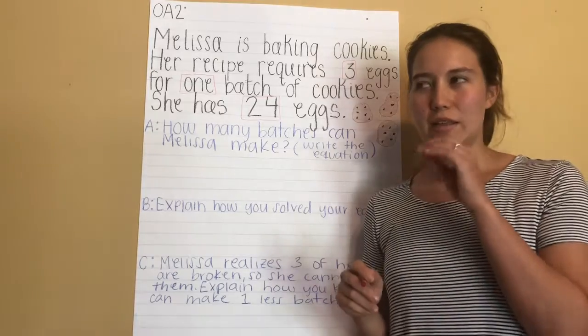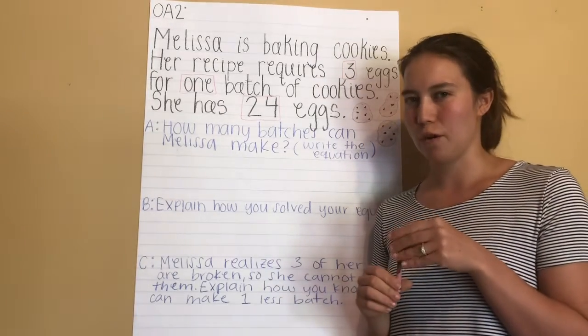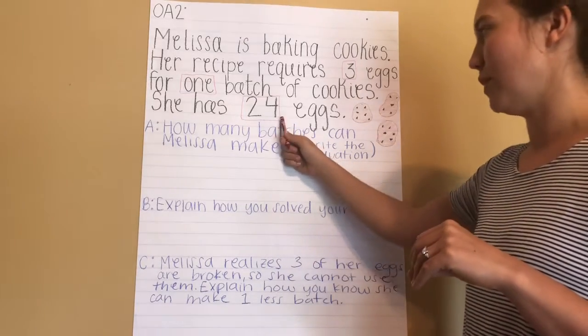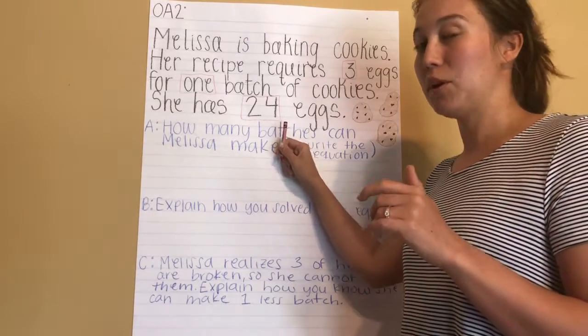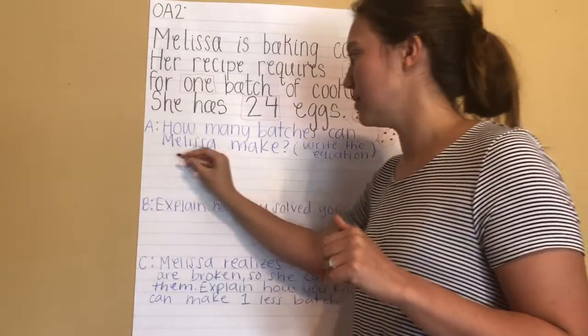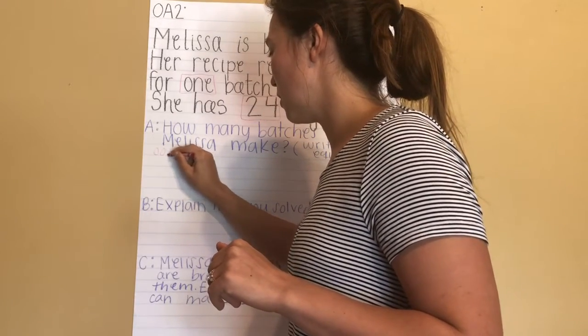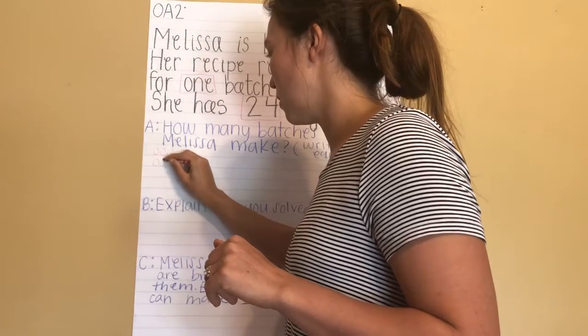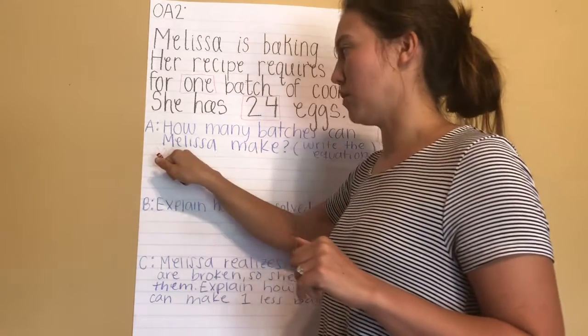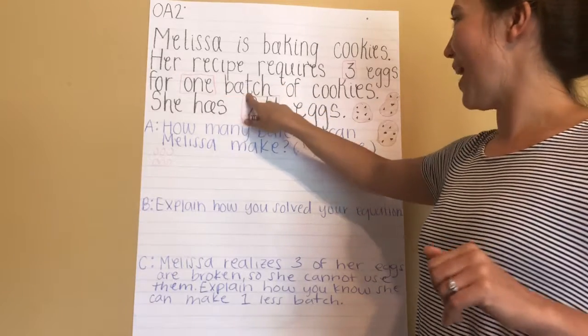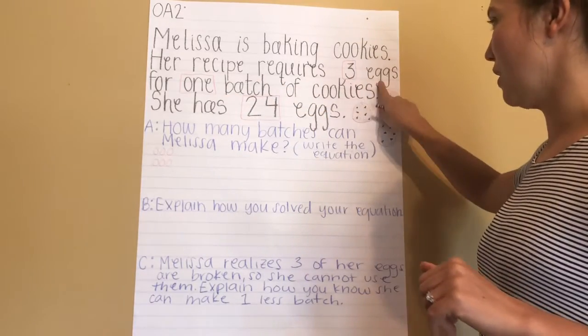So for me to think of my equation, I might have to draw a picture. So she has 24 eggs. I'm going to draw my 24 eggs. And the reason I'm drawing them in groups of 3 is because I know that 1 batch needs 3 eggs.